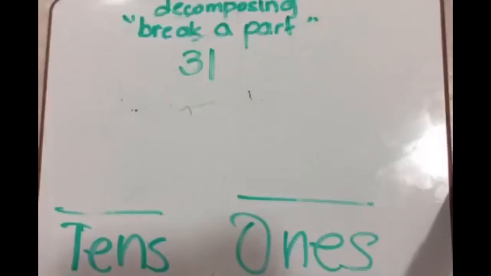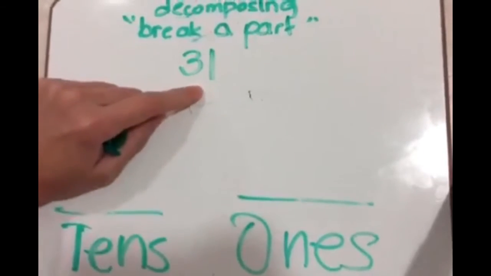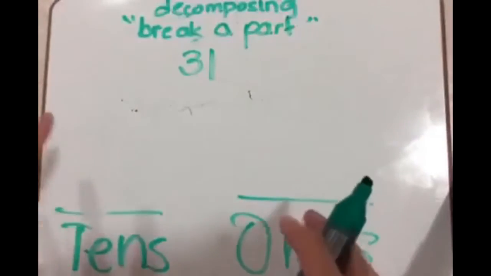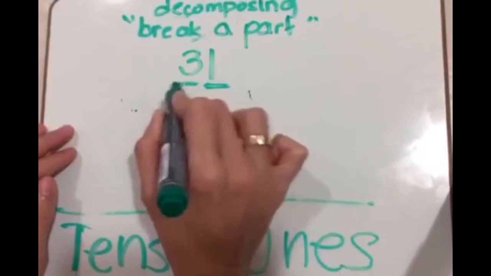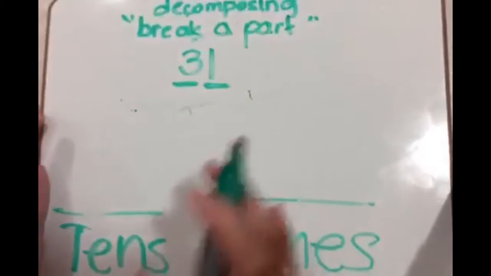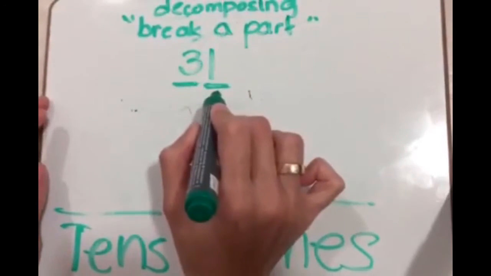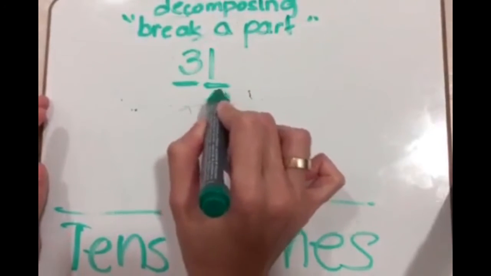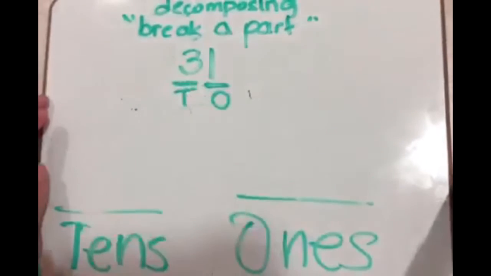For my second example, which is the number 31, we start with 31 and break it apart into tens and ones. So I need to underline the digits first, so it will be easier for me to decompose the number. So I need to label it. The first digit on the right side is ones, and the second digit on the left side is tens.